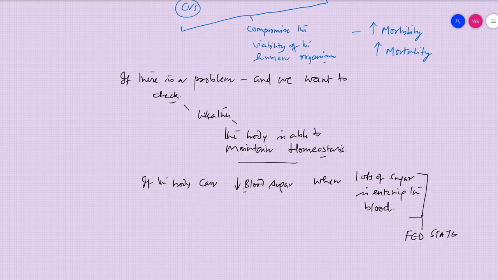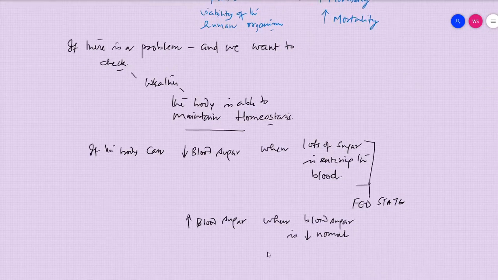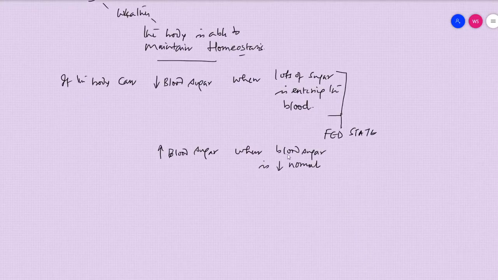Okay. Then we need to check whether the body can increase blood sugar when blood sugar is below normal. Okay. So what is that state when blood sugar is below normal? That is called fasting state.